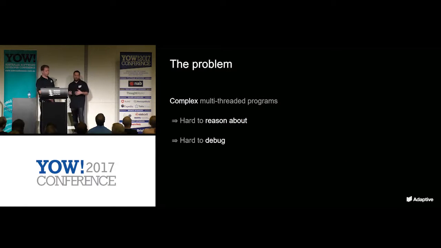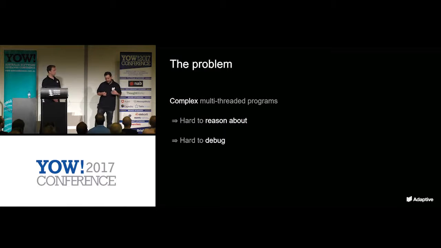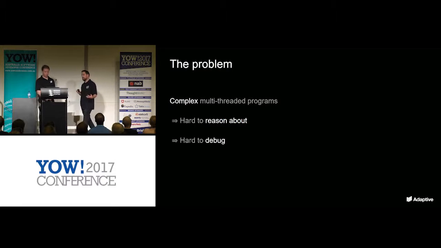So what we typically see when we build those systems is that we end up building services which are highly multi-threaded. And when you combine multi-threading and a complex domain, complex business logic, generally you end up with a service which is quite hard to reason about. So it becomes hard for the people who built it initially, and it's even harder for the people who are going to join the team down the line.